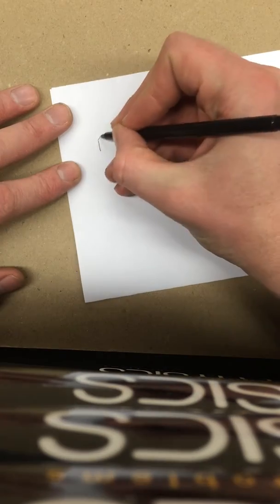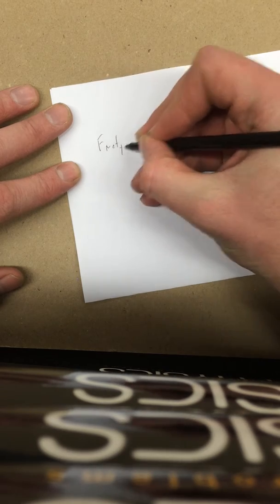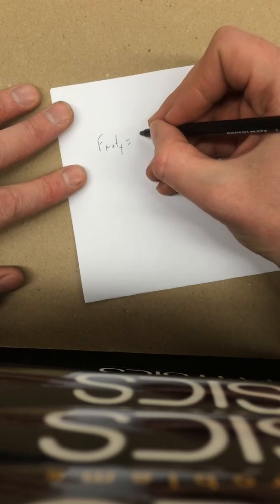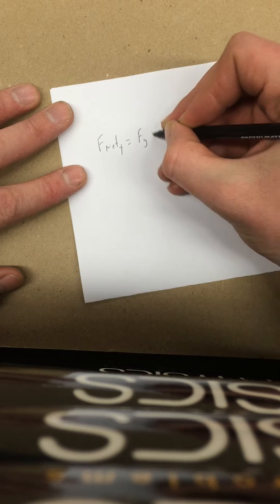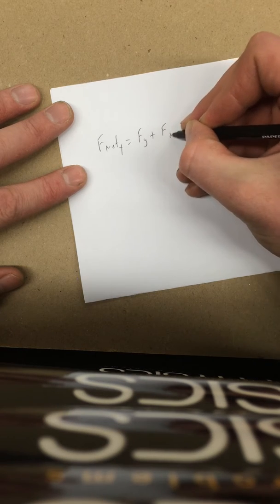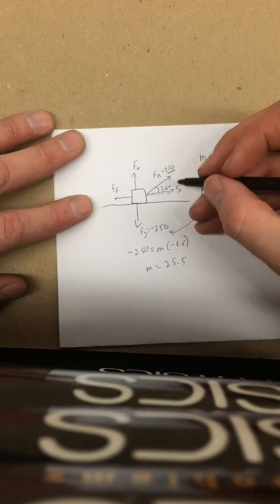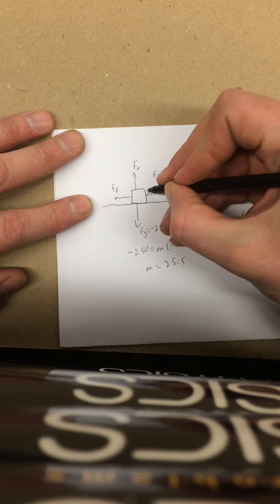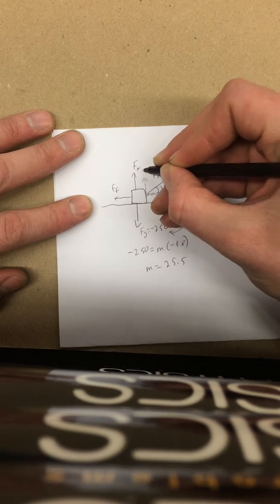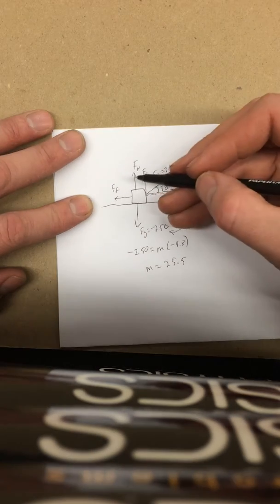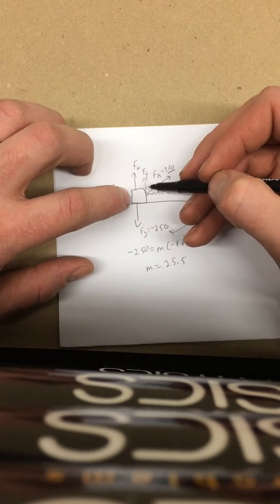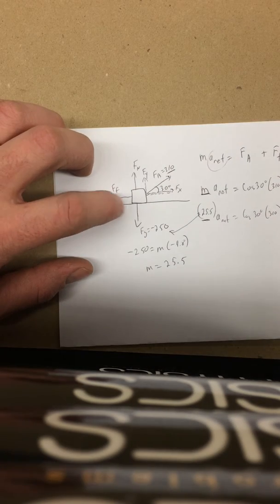So the normal force, or F net y, is equal to Fg plus Fn plus Fy. Let me go back to the drawing. When this object is being pulled at an angle, there is an Fy that also pulls up this way. It's almost lifting the block off the ground.